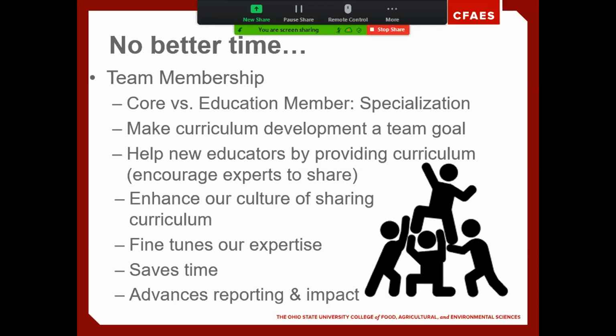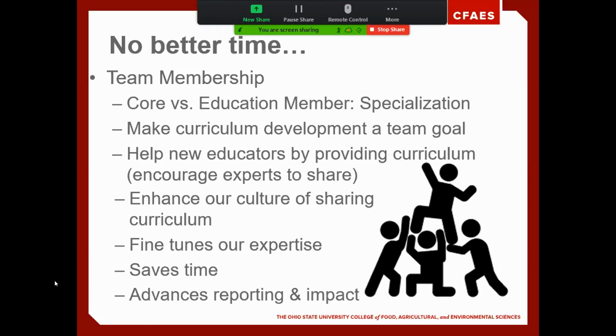If we make this a team goal, then we become accountable. Then it's something we can say to our supervisor, to our state leader: here's what we've been able to accomplish with the information we have at this point in time.